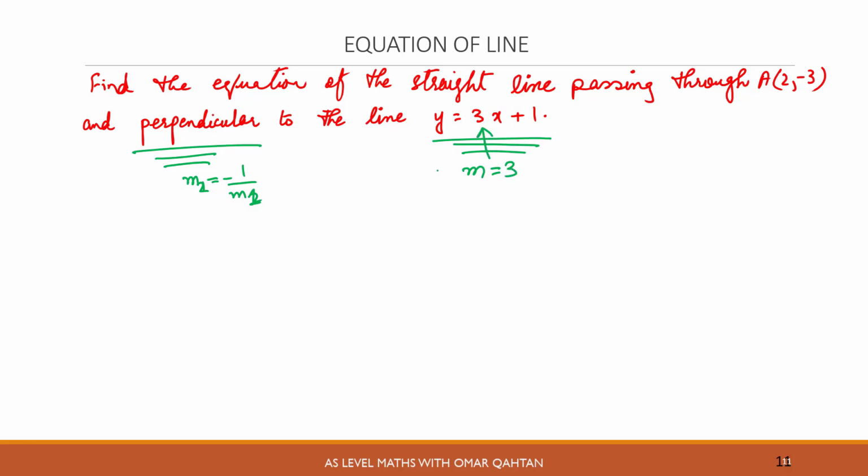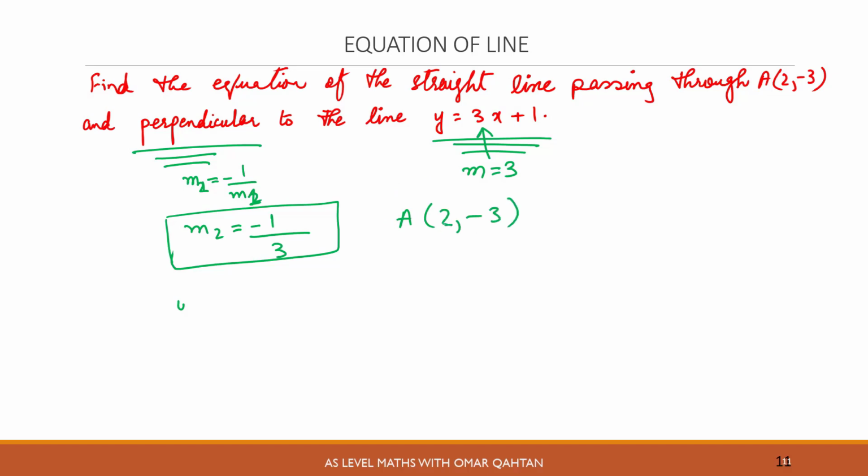Now I will put it back into this one so that I could get the gradient for the perpendicular equation. So minus 1 upon 3. This is the gradient I got for my next equation. We have also been given the point, that is (2, minus 3).